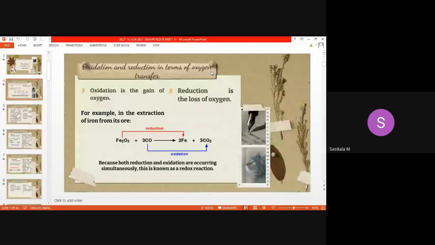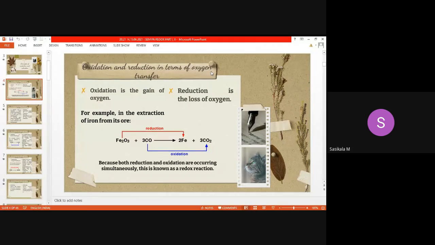According to oxygen transfer, oxidation is the gain or addition of oxygen to the molecule. So oxidation is nothing but the gain of oxygen, and reduction is nothing but the loss of oxygen.